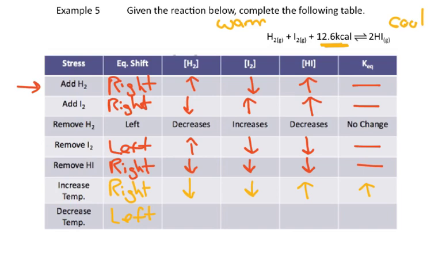A left shift means the substances on the left will have their concentrations increase. That would be H2 and I2. Substances on the right, concentration will decrease. That's only HI. And a shift to the left means that the value of KEQ will decrease.